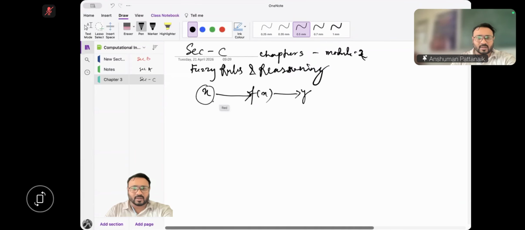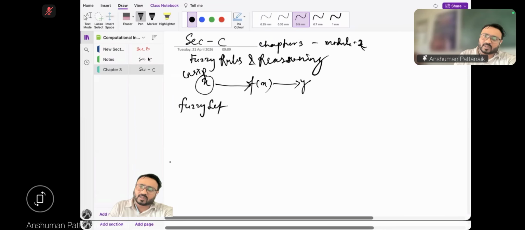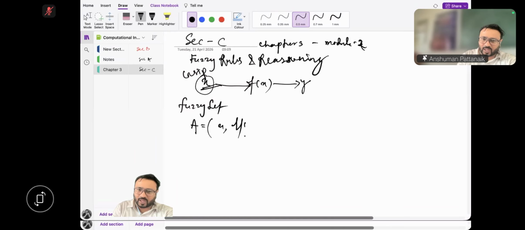Second, this is what we do for a crisp set. But in a fuzzy set, x is not alone. In the case of x, I will denote the set A as a combination of x and mu of A of x.